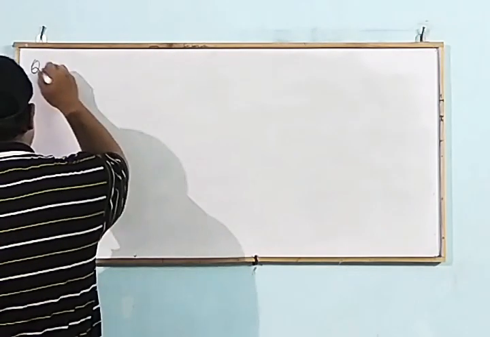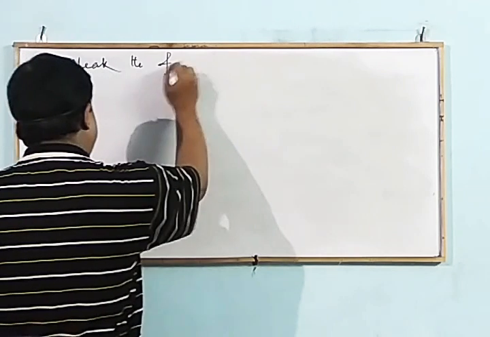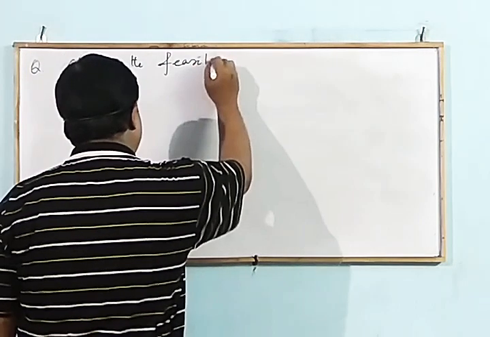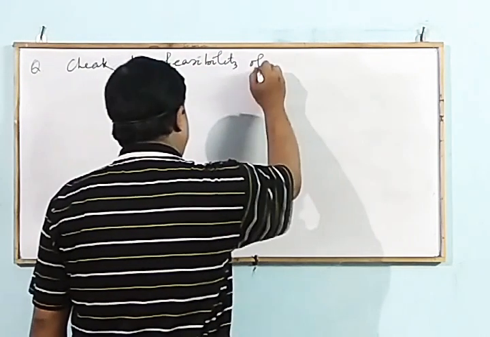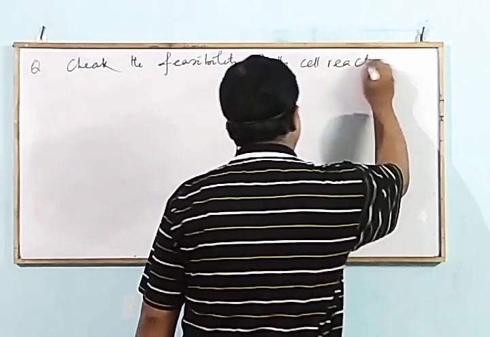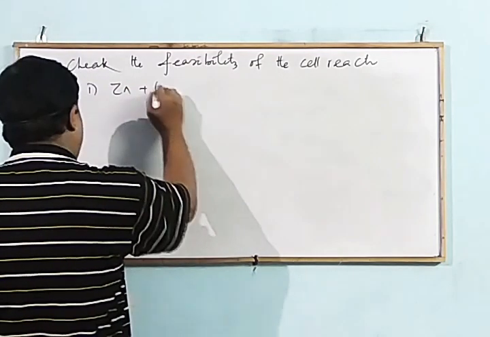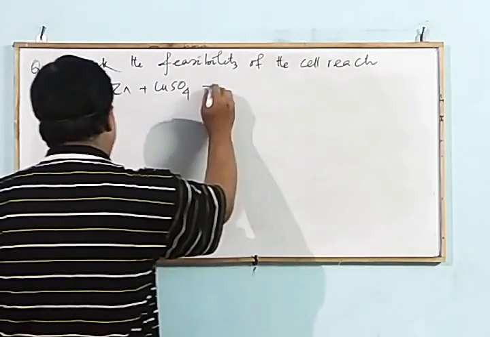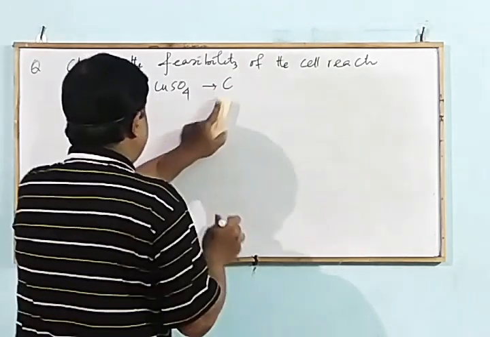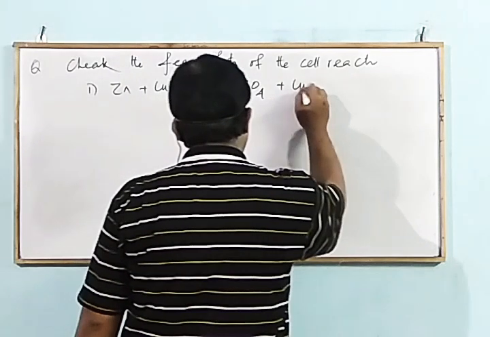Question: check the feasibility of the cell reaction. Point 1: zinc plus copper sulfate give rise to zinc sulfate plus copper.